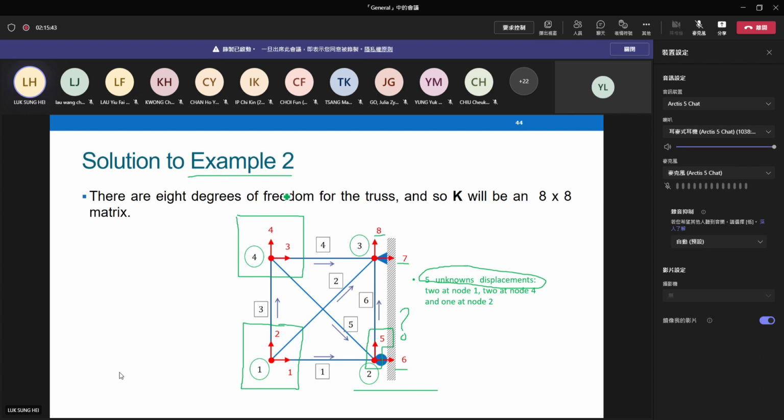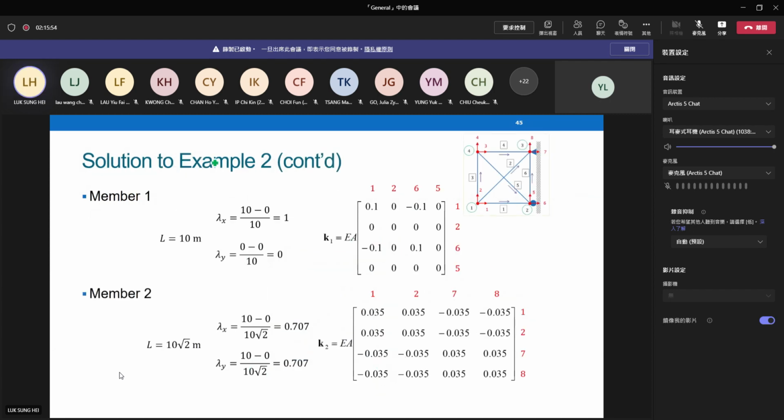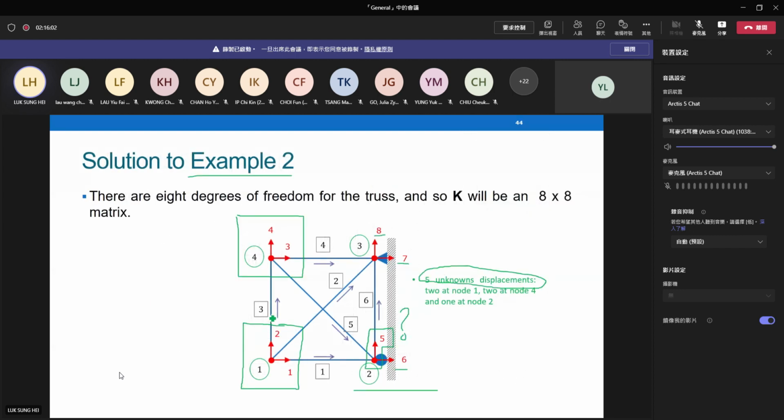Okay, step 1. Step 2. Step 2, we consider each element separately to find out the element matrices. Step 2 takes us a lot of time because we have a total of 6 elements. In the quiz or the exam, they will not give you this kind of complex problem because there are too many elements.